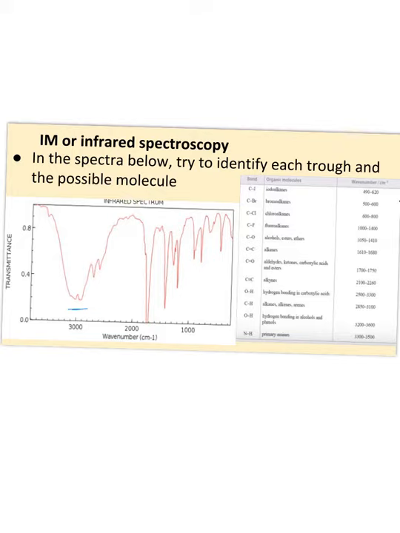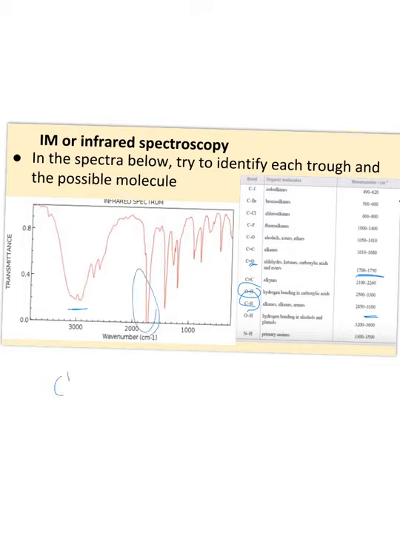It seems more likely I've got some CH bonds belonging to an alkane, alkene, or arene. Just below the 3000, it would appear that I have an OH bond in a carboxylic acid. Now, if I have an OH bond in a carboxylic acid, I should also have the CO bond in the carboxylic acid, which is up here, which means I should have a peak around 1700, and I do have a very strong peak around 1700.